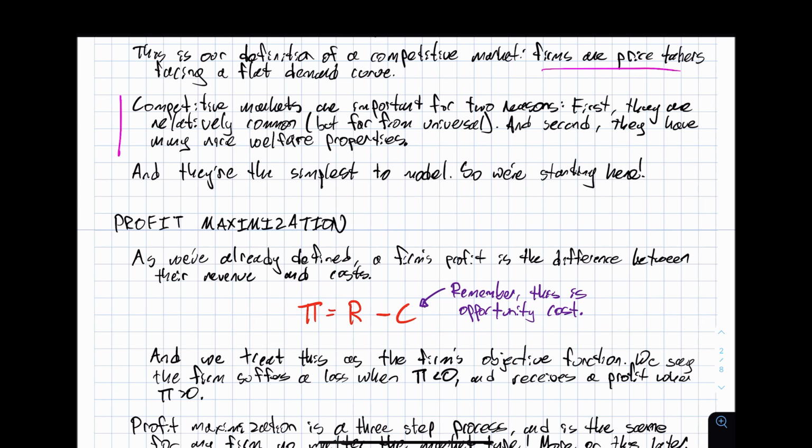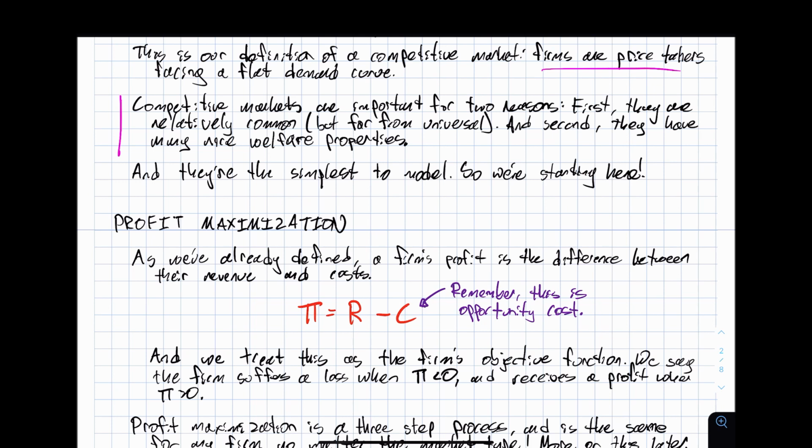They show up typically when we have commodities. So when we look at goods like oil and grains, those are pretty classically perfectly competitive markets. But perfectly competitive markets are far from universal.